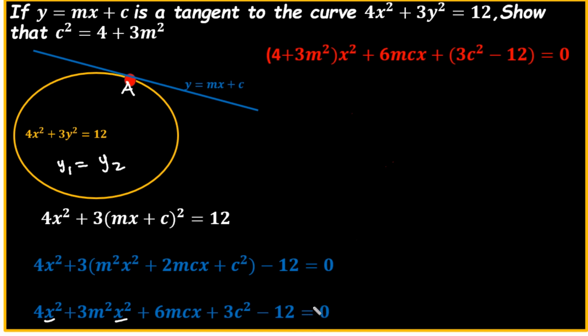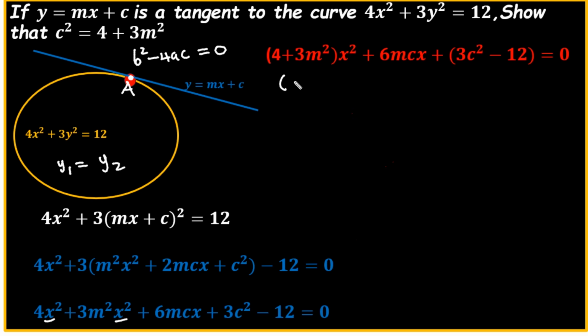Now I'm going to say for equal roots, remember at this point, this y is equal to this y. So for equal roots, b squared minus 4ac, everything is equal to 0. So I'm going to eliminate x using this condition.